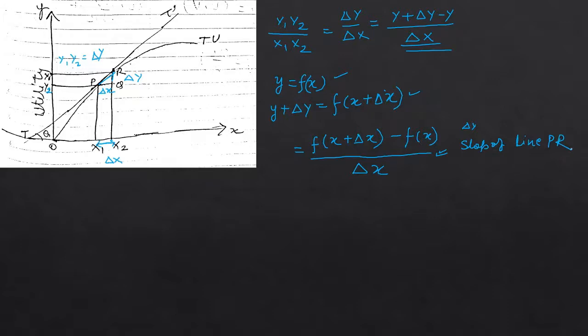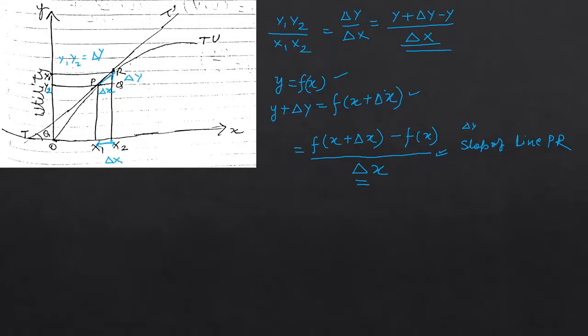It depends upon the value of delta x. But line PR is not tangent to the curve at R. So what can we do? However, if P approaches R on the curve, PR shifts and coincides with QR. PR will become tangent to the curve at R and will measure the rate of change of y with respect to x.